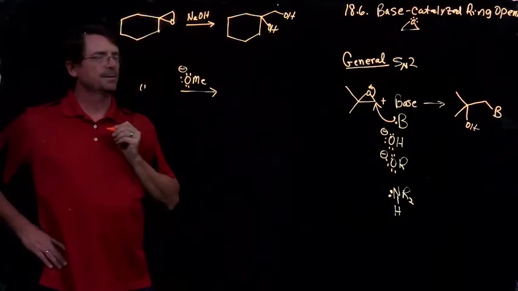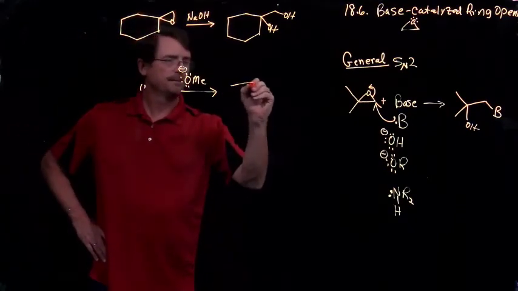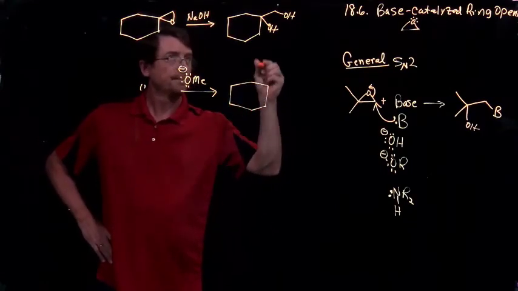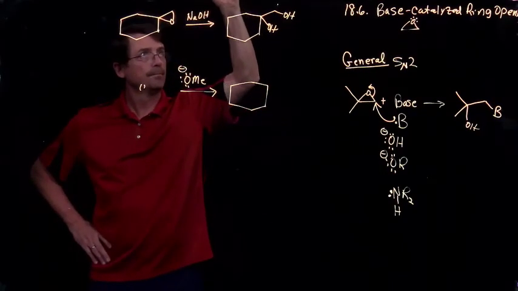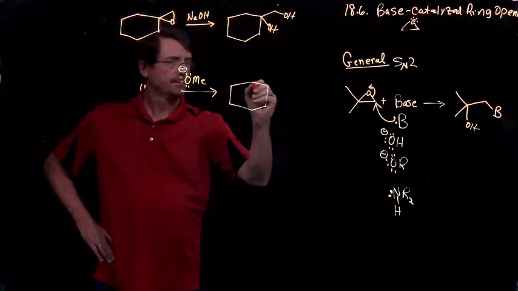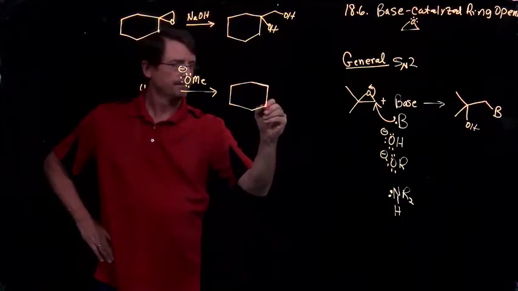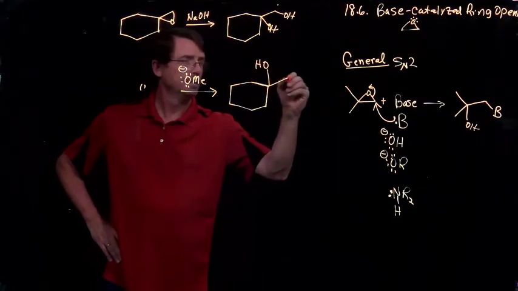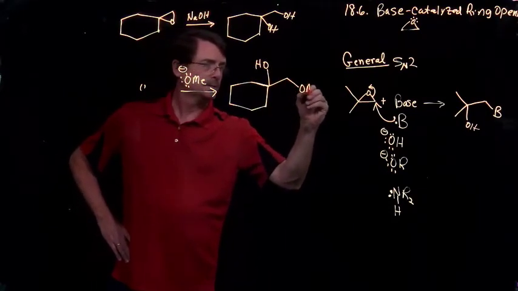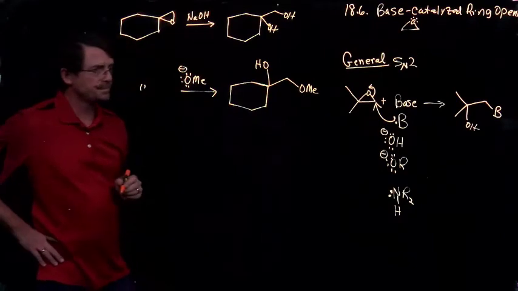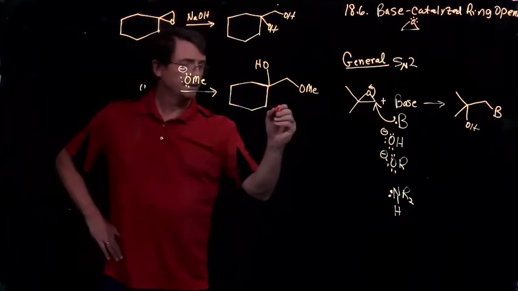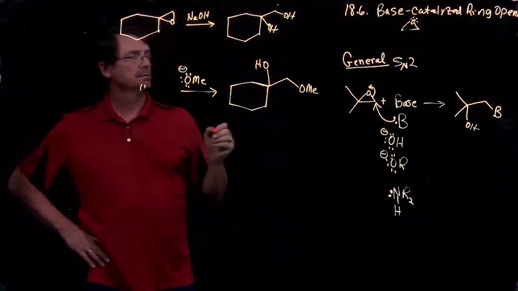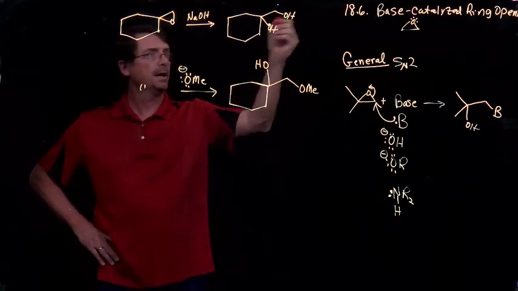Okay, and the alkoxide will ring open also. Goes to the least substituted carbon, and we make an ether alcohol, a diol here.